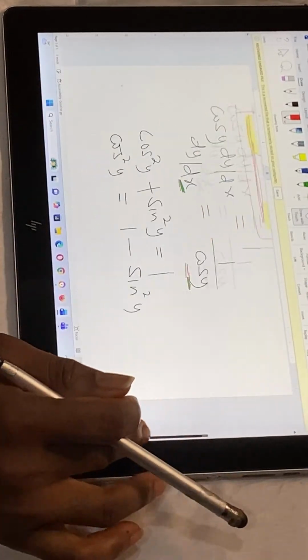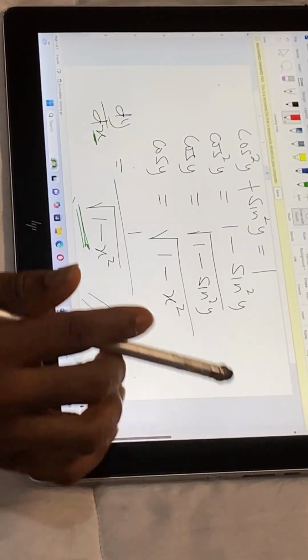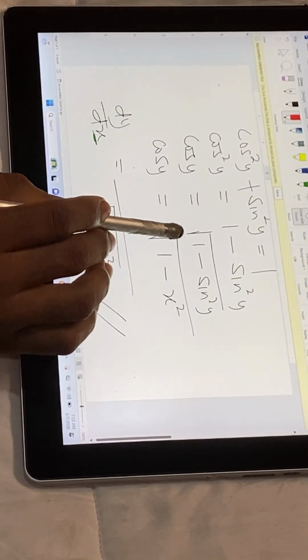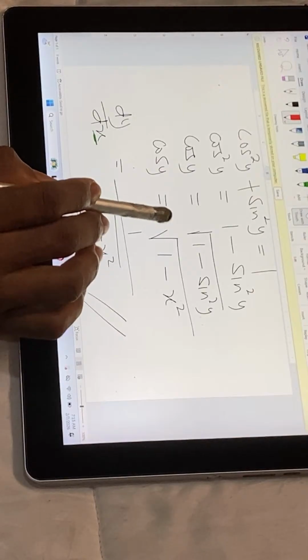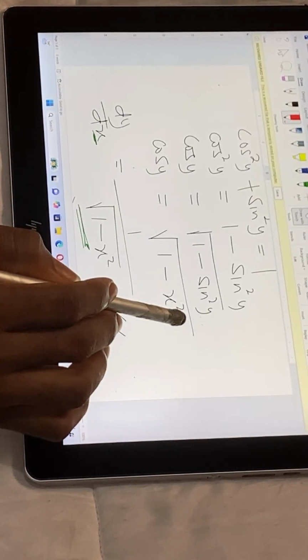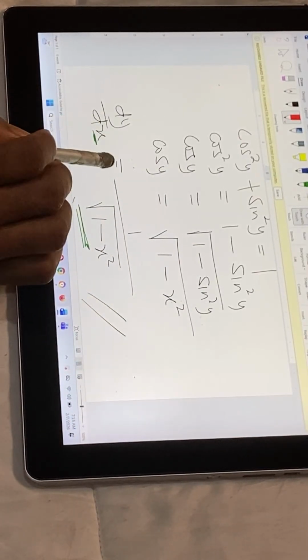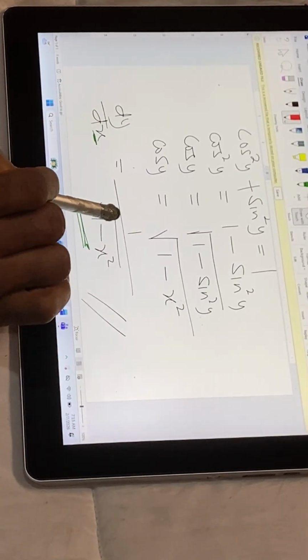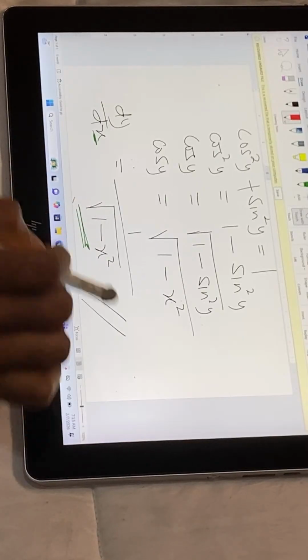So anywhere you see sine square y, it is the same as s all square. So cos y will be equal to the square root of 1 minus s square. So writing dy/ds in form of s at the right hand side, cos y is the same as the square root of 1 minus s square.